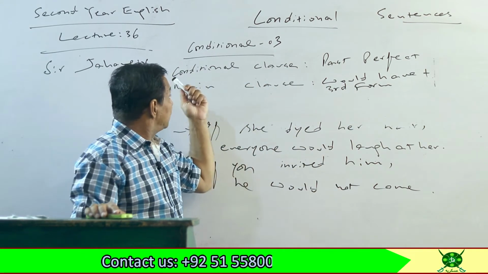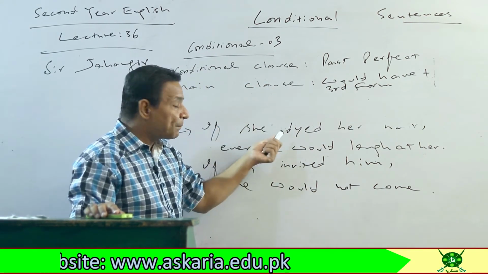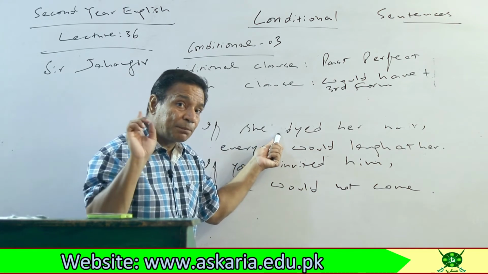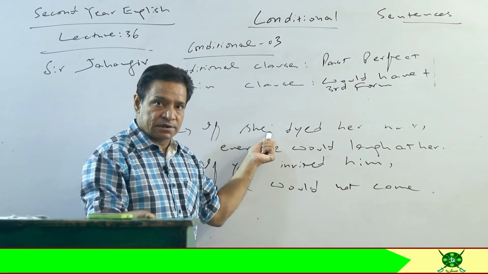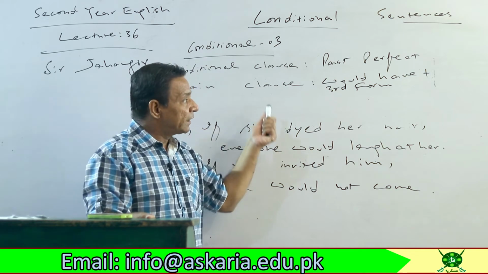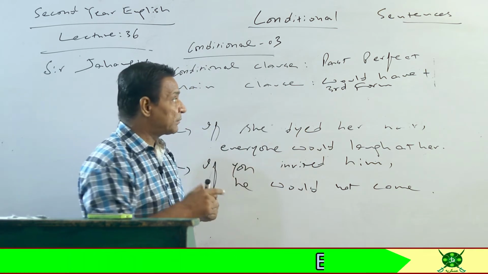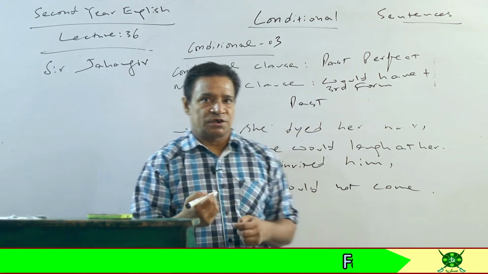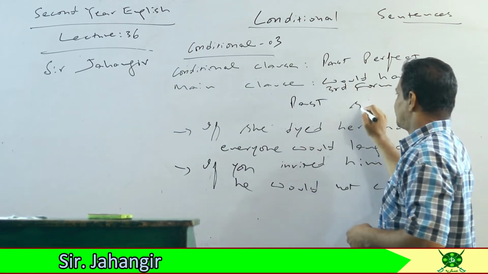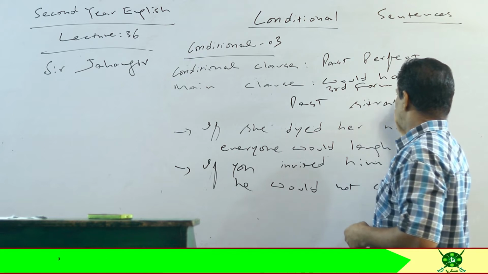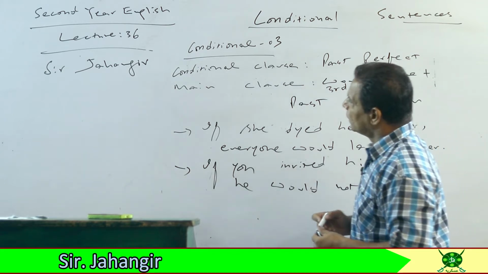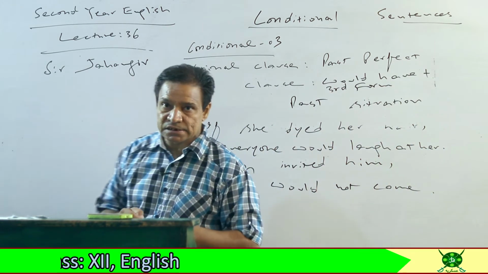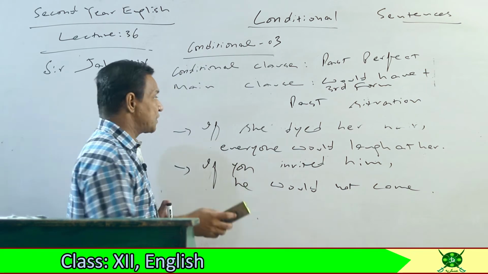Look here, in the second conditional there is past tense, but the condition is not past, the condition is uncertain. And here it is telling us something about the past, okay? Some past situation. All right, so the third type of conditional sentence is telling us something about a past situation.